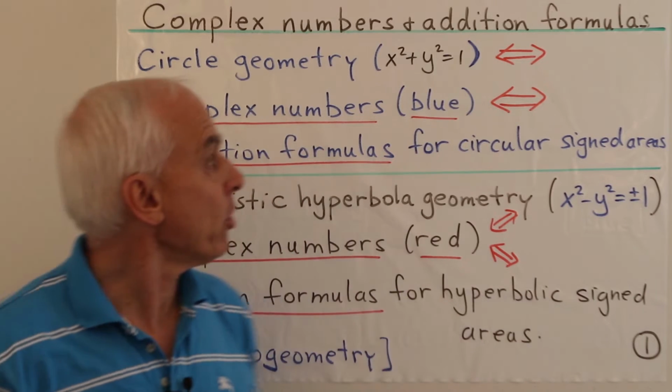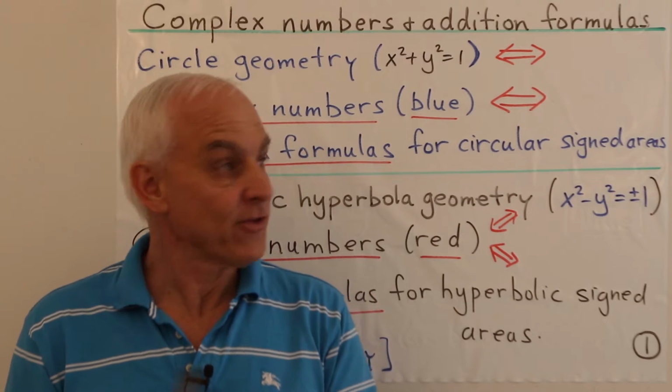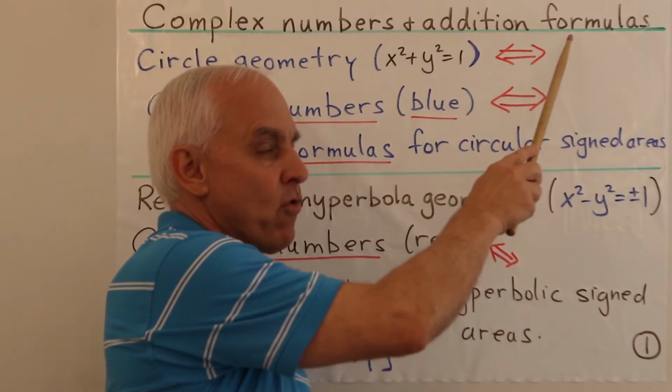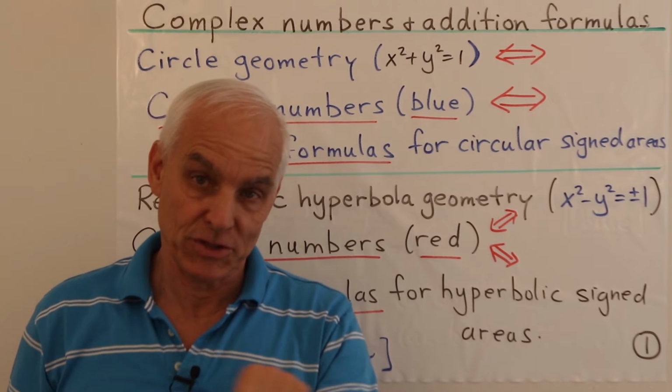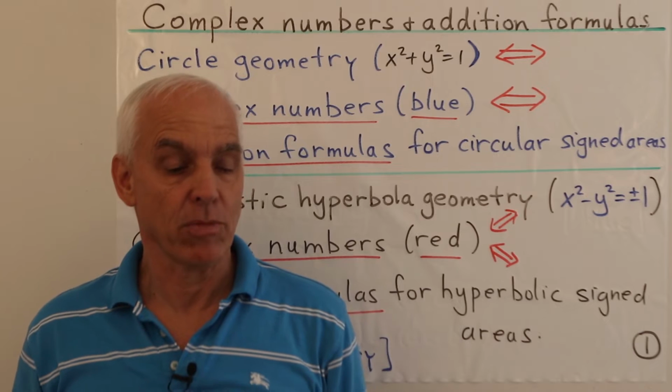In today's video we're going to be looking at complex numbers, actually of two different kinds, and addition formulas relating both to the circle and to the geometry of the relativistic hyperbola.